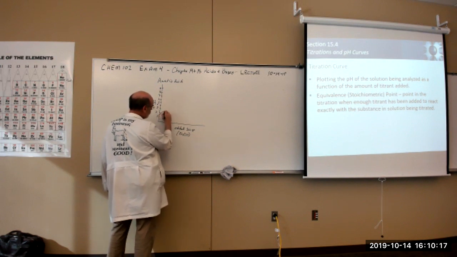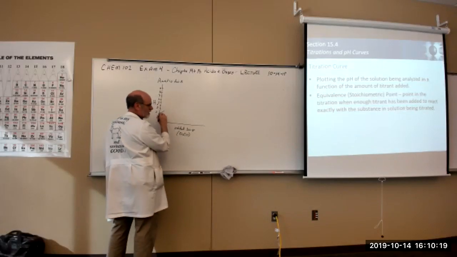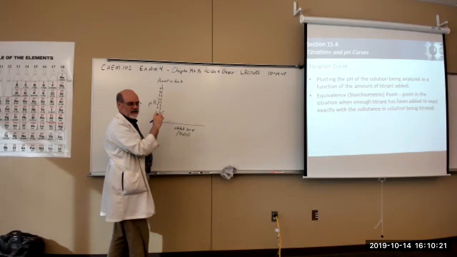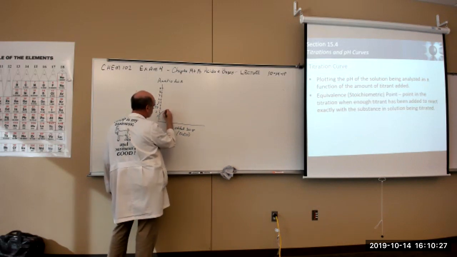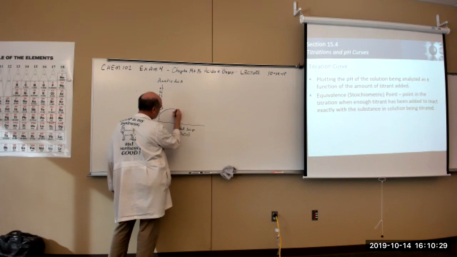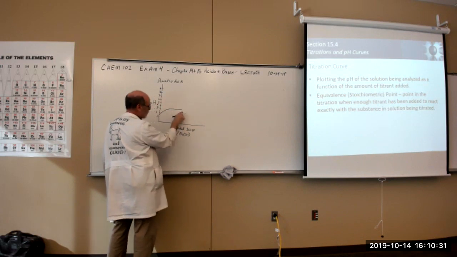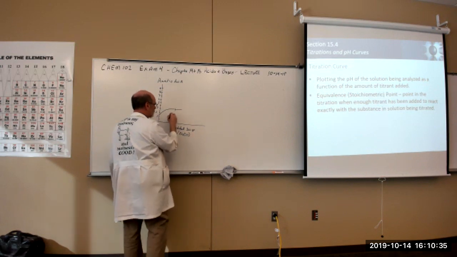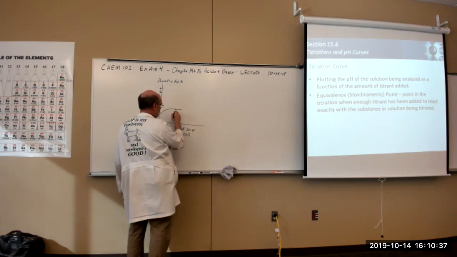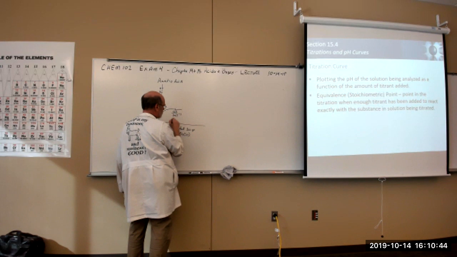But you reach a point where you've got enough now of the A minus so that you can hold the pH relatively constant. That's the buffer zone right there. Right? And right in the middle of that buffer zone is A minus to HA ratio equals 1.